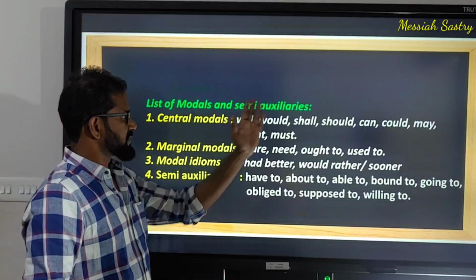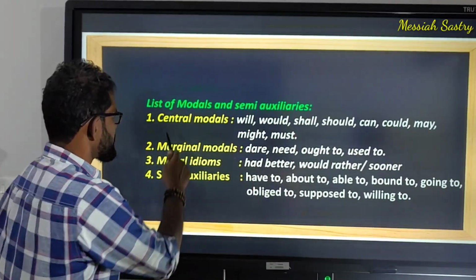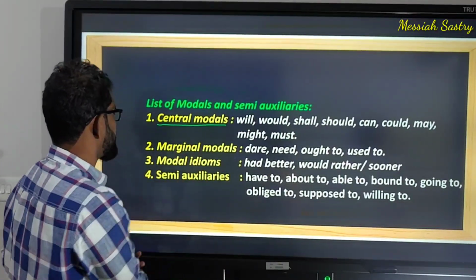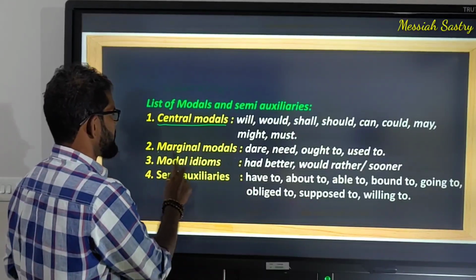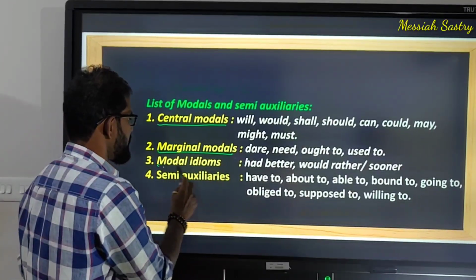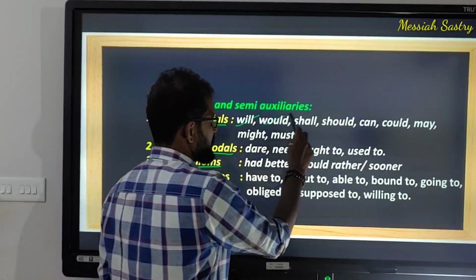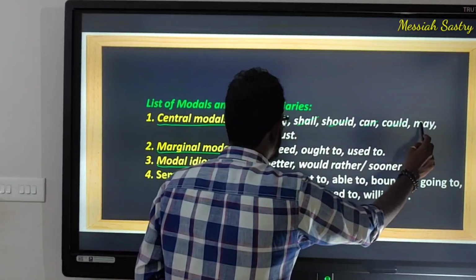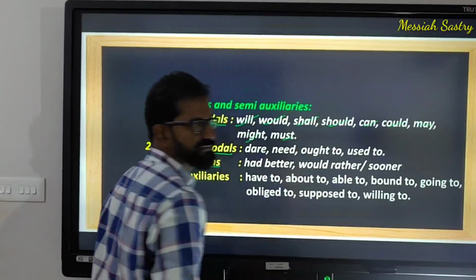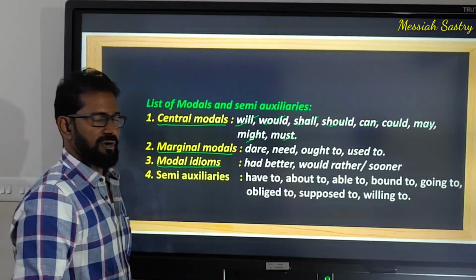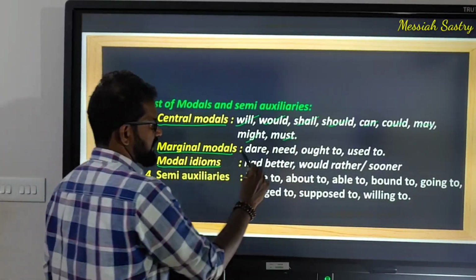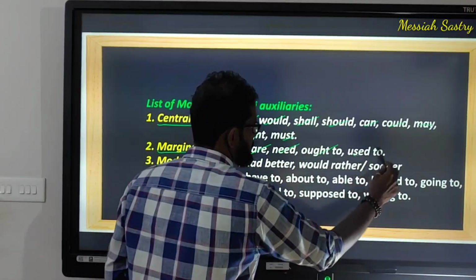Now, the list of modals and semi-auxiliaries. There are 3 types of modals: central modals, marginal modals, modal idioms. Let us see central modals: will, would, shall, should, can, could, may, might, must. These are central modals. Marginal modals: dare, need, ought to, used to.